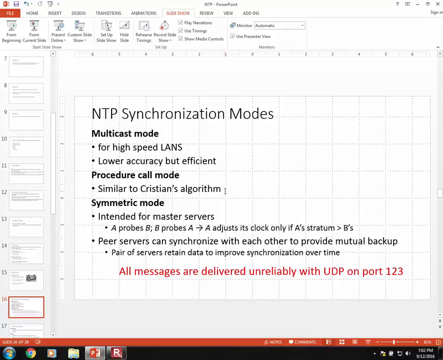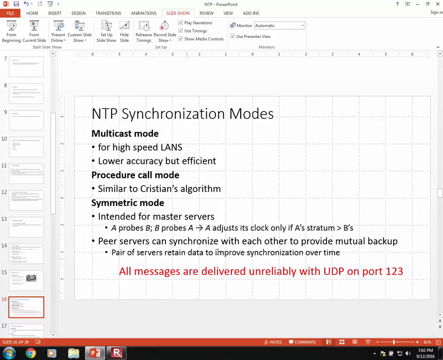Symmetric mode is intended for master servers, where A probes B and then B probes A. And A adjusts its clock only if A's stratum is greater than B's. Also, peer servers can synchronize with each other.